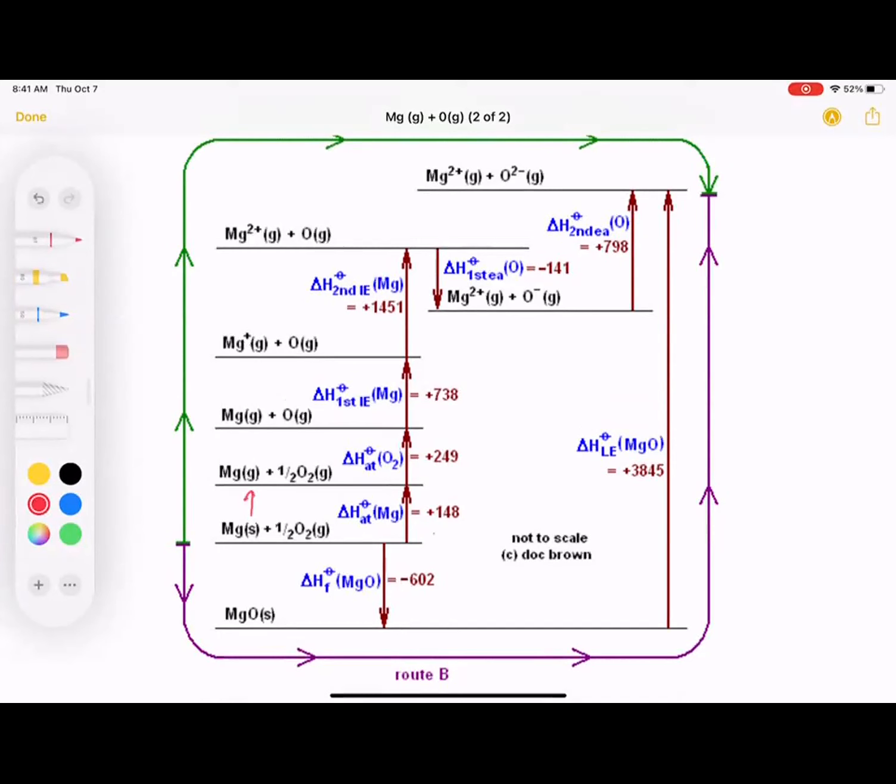And that required a positive 148 kilojoules of energy. Basically, we had to melt it and then boil it so that we got into a gas.